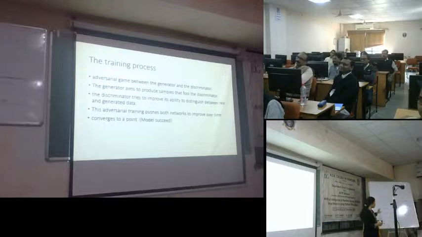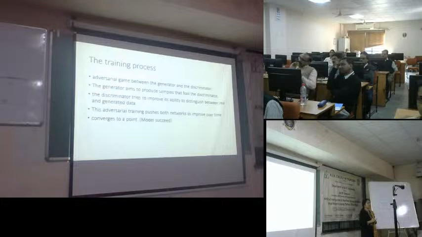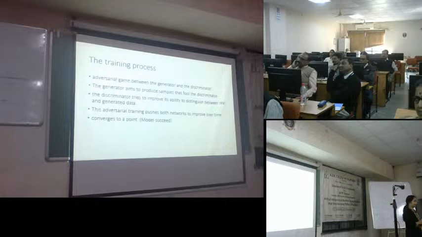This is the student and this is the teacher. The student is producing some samples, the teacher is checking, and according to the evaluation it provides feedback to improve its performance. So the discriminator is helping the generator to generate fake images that look more like real images.